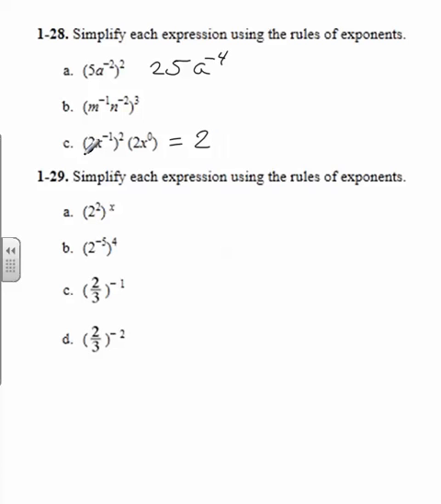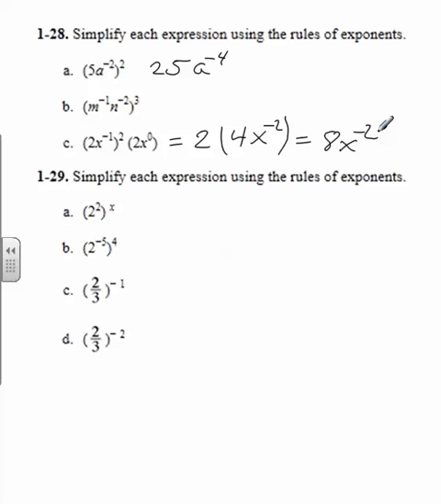Now I'm going to work on this piece. This piece here says raise 2 to the power of 2, which gives me a 4. And x to the power of negative 1 raised to the power of 2 gives me a power of negative 2. And multiply all of this by 2, and we end up with 8x to the power of negative 2.